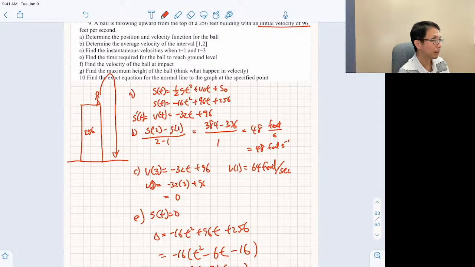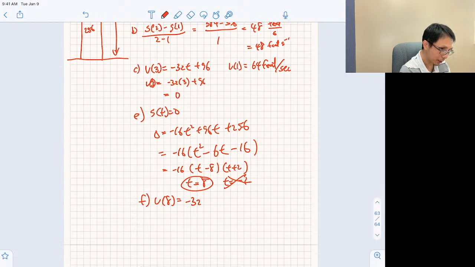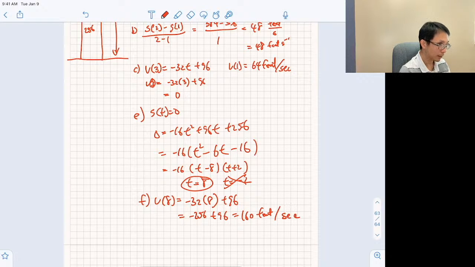Plug in 8 into the velocity equation, which in this case is negative 32 times 8 plus 96. 32 times 8 is 256, is that right? Yeah, that's right. Plus 96, and that is equal to negative 160 feet per second. Does that make sense?